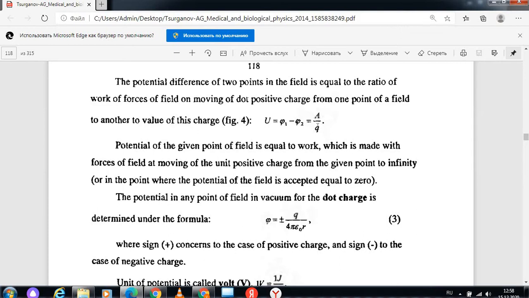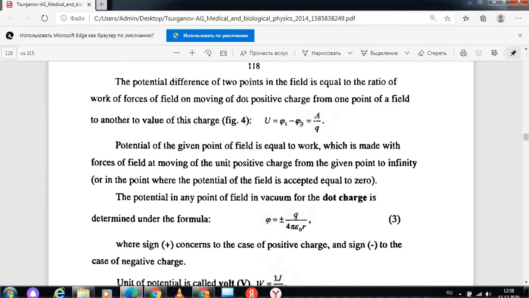Yes, so we move a positive charge from one point to another point, and we divide by the value of this charge.